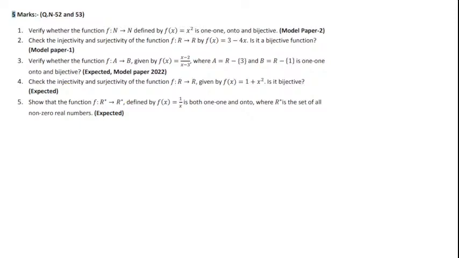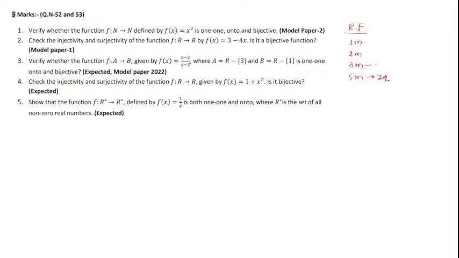So today in this video we will discuss these things. Before going to that, let me tell you, from the chapter Relations and Functions, you are going to have 1 mark 1 question, 2 marks 1 question, 3 marks 1 question, and 5 marks 2 questions.